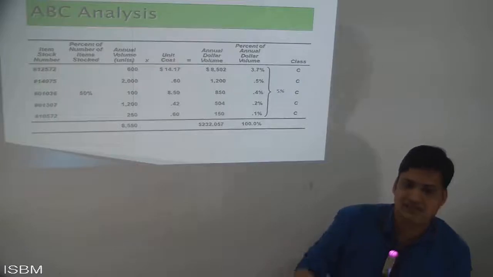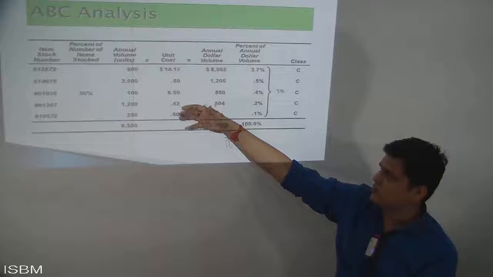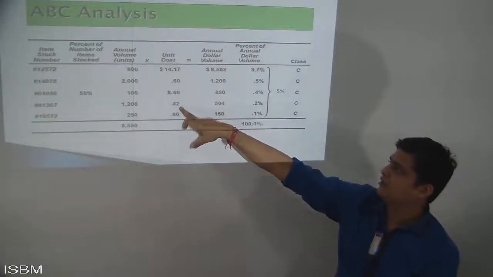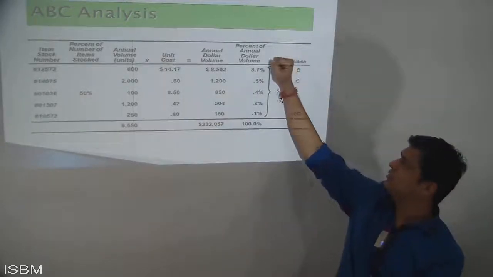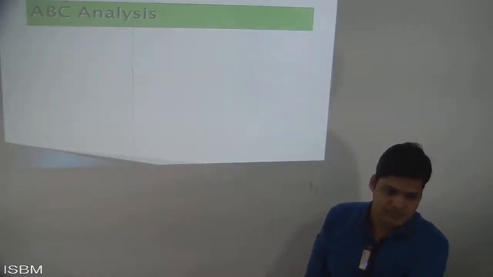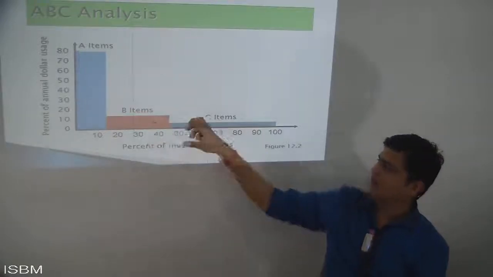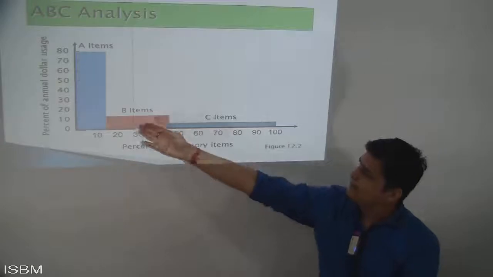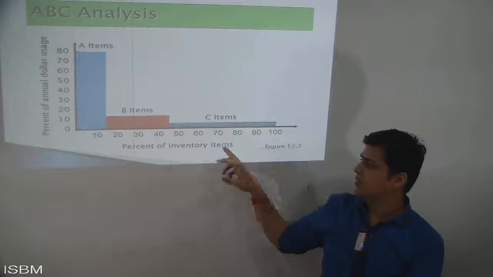This is the C. Volume stock is too much, but cost is very low. You can see 60 paisa, $0.20, $0.85. So you can see that this demand is too low, so it's class C products. You can see item A, item B, and item C. ABC analysis is high demand, medium demand, and low demand.